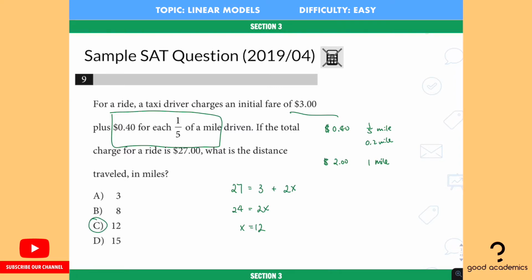As you can see, the final part of solving the equation is not really that challenging. It's just a simple linear equation, as you will see in many other SAT questions.